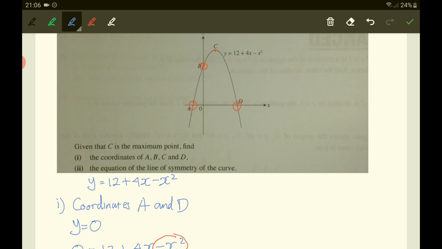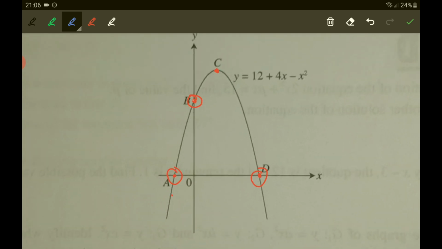Because when we see B here, point B lies on the y-axis. It means if there is a point or coordinate that lies on the y-axis, the value of x is equal to 0.